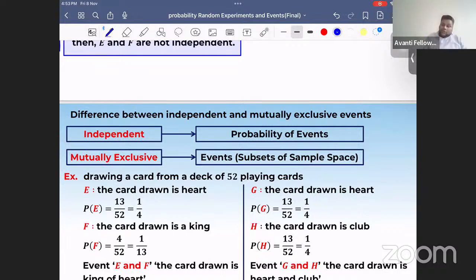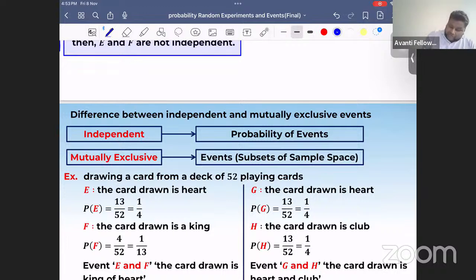Means if you are throwing a die, one will come, it won't let two come. So these events are not independent, they are mutually exclusive. Their simultaneous occurrence is impossible. But if I talk about independent events, if one occurs, it should have nothing to do with whether two is occurring or not. Getting my point? So these are what we call independent events, and they are completely different from mutually exclusive events.